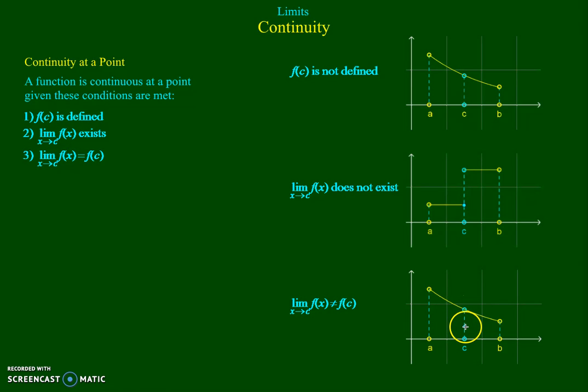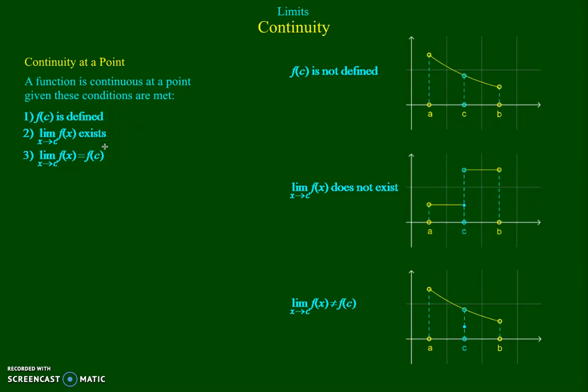F of c is here, this is the limit value up here. So this would be f of c here, and this would be the limit value. So we can see that this violates this third property. So these are the 3 key properties to defining continuity at a point.